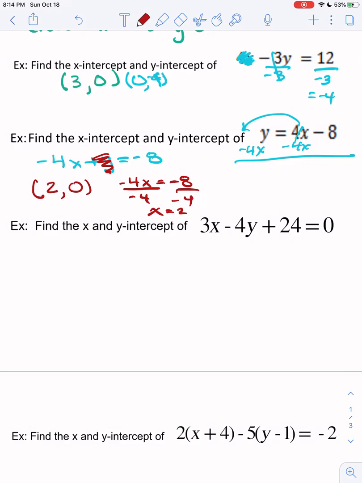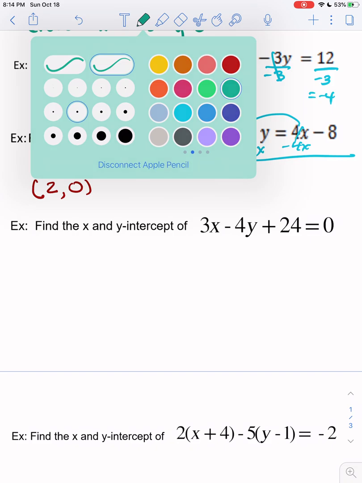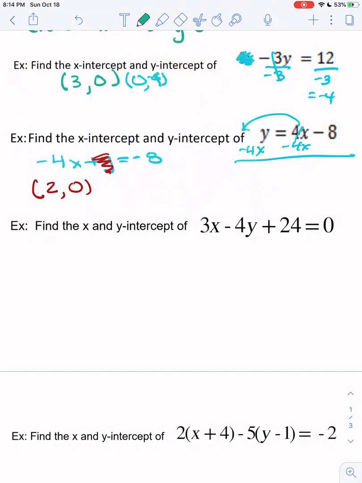To set our x equal to 0, get rid of this so we have some room to work. We're going to get rid of the 4x, so we had -4x plus y equals -8. Now we're going to set x equal to 0. So again, I'm going to just pretend I can cross that out, and I have y equals -8.